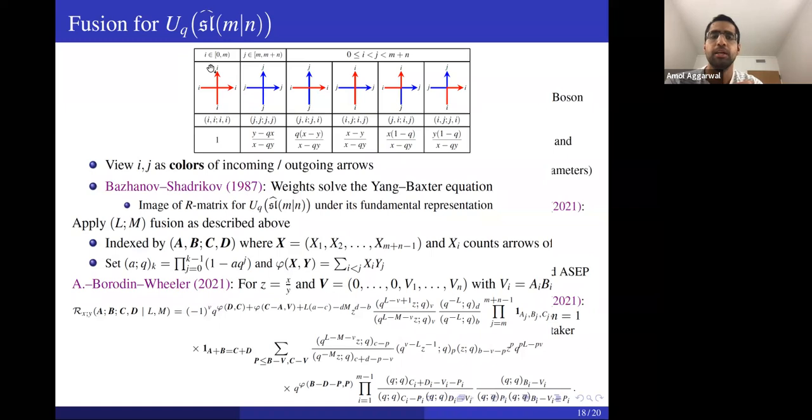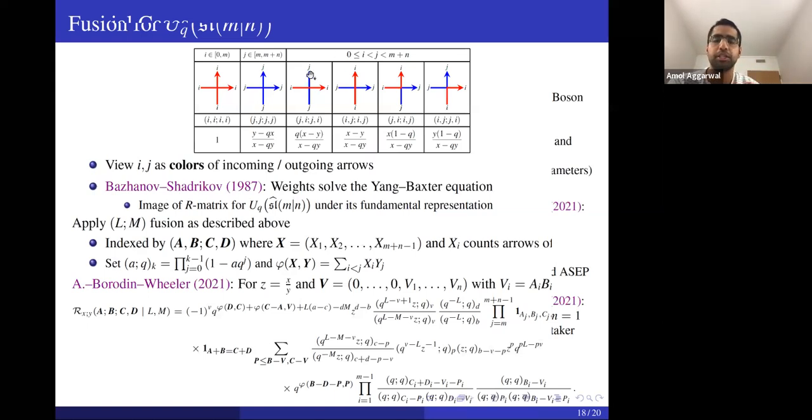As you can see, if i is bosonic, then the fundamental R matrix gives weight 1 to the situation where all 4 states are the same and bosonic, but it gives a slightly different weight to the case when all of the arrows are the same but fermionic.